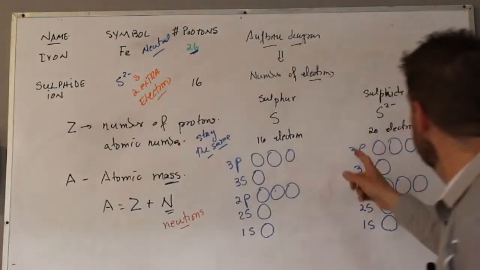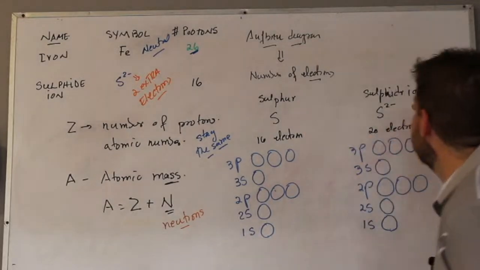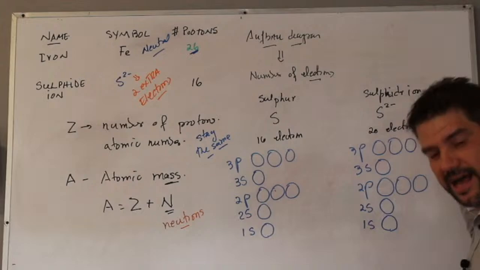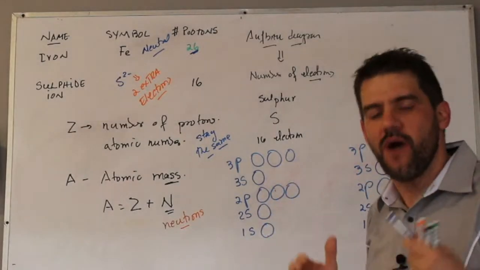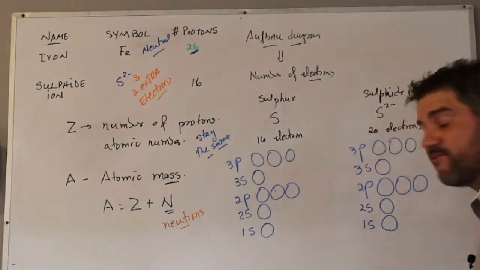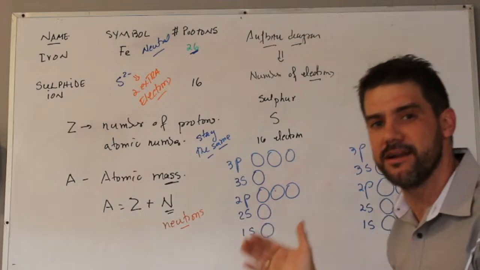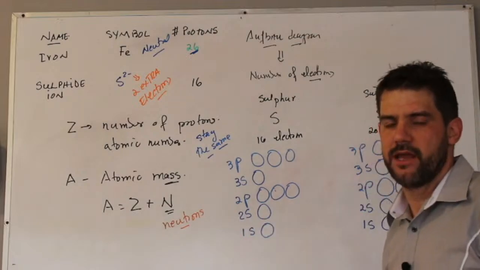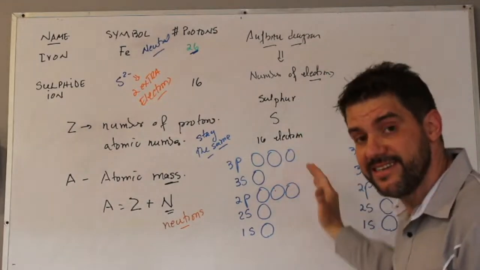Yes, guys. This is for sulfur. This is for sulfide. I am doing both of them because I want you to understand both. You are right, it's 20 for sulfide. So this one here is for sulfur, which is 16.